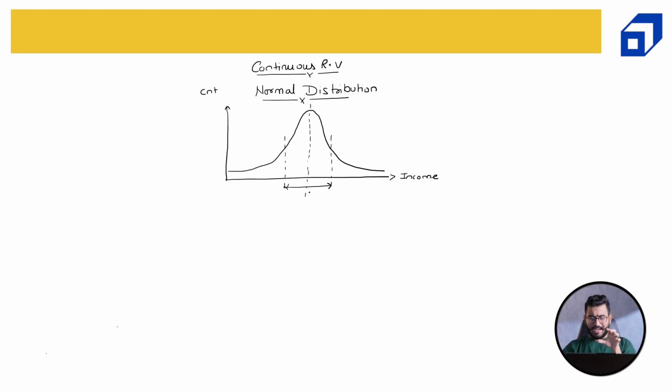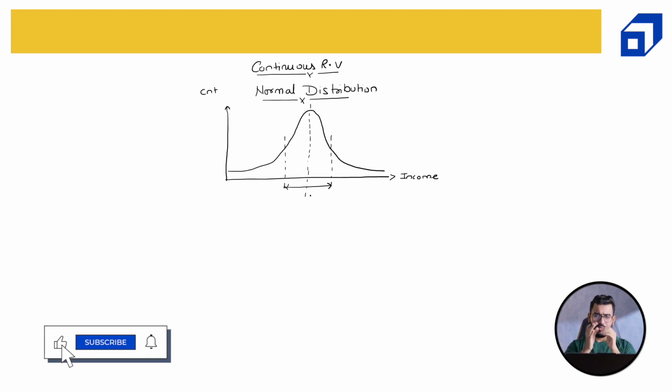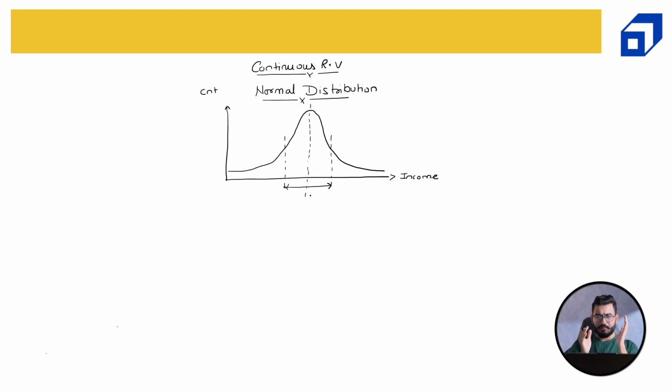Now, what I have drawn right now is a normal distribution, but in reality, normal distributions can be of a variety of shapes. As of now, you can see it is a very symmetrical shape, but in reality, you might get a symmetrical shape of a normal distribution, or you might not.